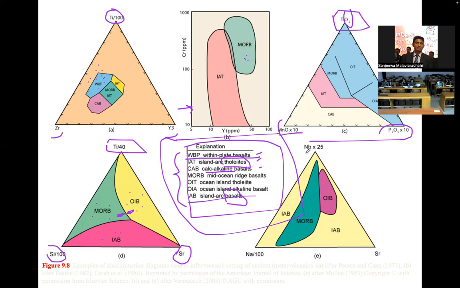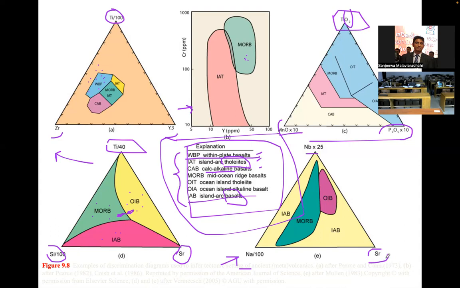So here, high field strength elements, niobium, right, and sodium combination, an alkaline element here, right? Because you need to know from all the angles, right? So if one angle or one triangle differs, I have to look in another angle using another triangular plot, right? Because here it's an entirely different angle, sodium, an alkali element.